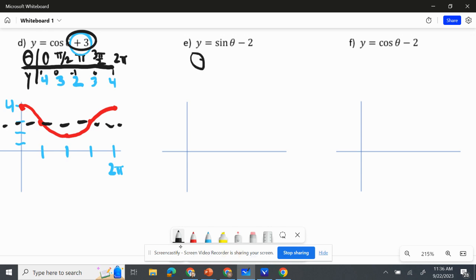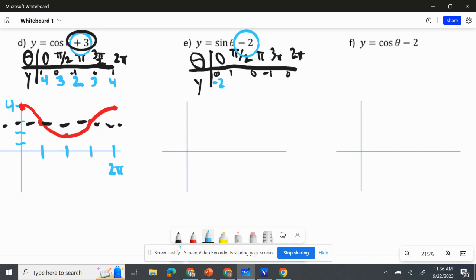For the next one, this time we're doing sine, and our midline is -2. So we have 0, 1, 0, -1, and back to 0. Now, we're subtracting 2 from each of these. So 0 minus 2 is -2. 1 minus 2 is -1.